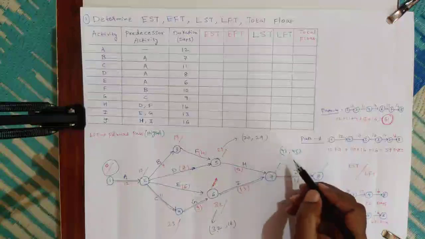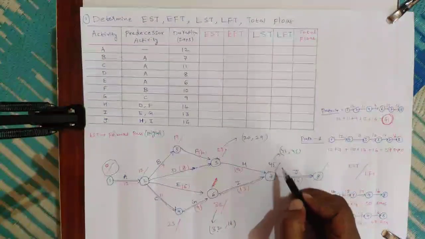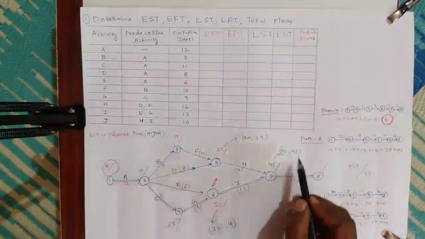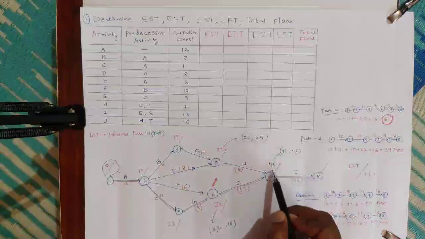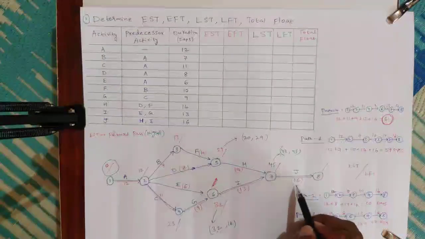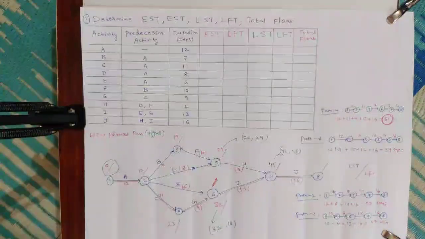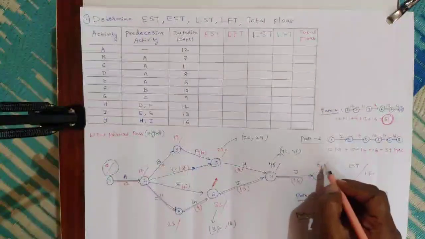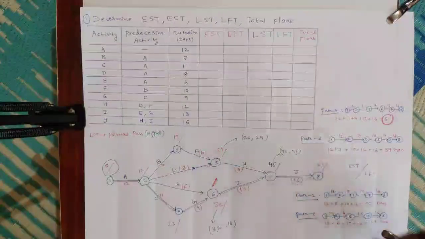In both of these, whichever is highest, that we need to take. 45 is the highest, so we are taking 45. Here 32 plus 13, 45, and 29 plus 14, 43. Whichever is highest value, we are taking, that is 45. And 45 plus 16 is 61.